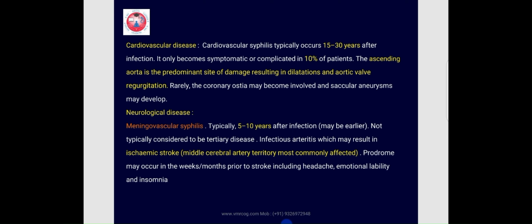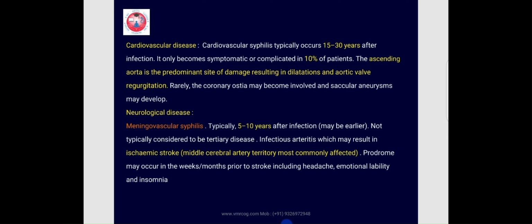So coming to the neurological, now these neurological manifestations can be of further three subtypes, in which one is meningovascular syphilis. Typically, it happens around 5 to 10 years after infection. It can happen earlier also. Not typically considered to be tertiary disease. Infectious arteritis, which may result in ischemic stroke, and the commonest territory of the artery which gets affected is the middle cerebral artery territory.